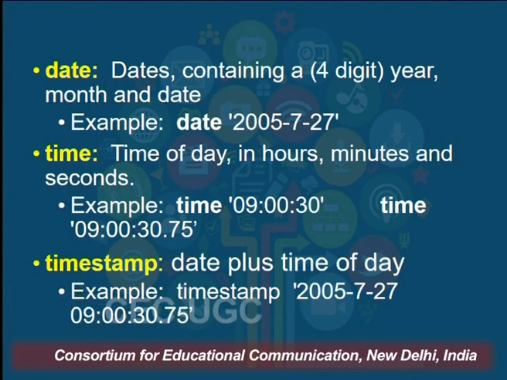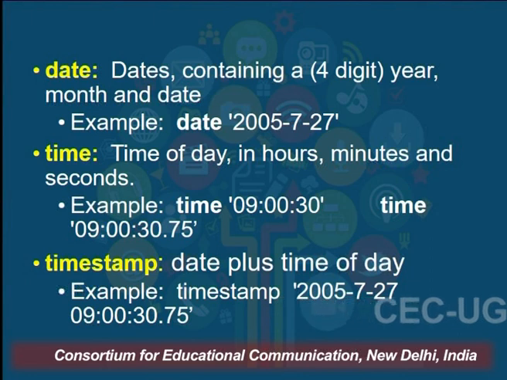That is the default format, which is again subject to modification. An example would be 9 o'clock and 30 seconds elapsed, so 9:00:30, or a more precise time such as 9:00:30.75. So hours first, then the minutes and then the seconds.